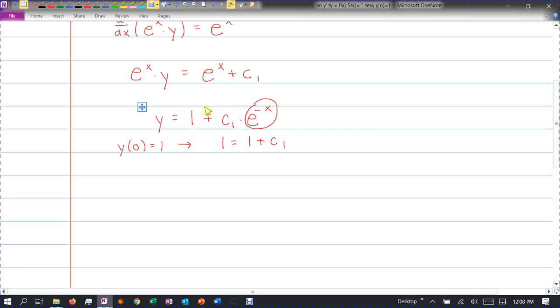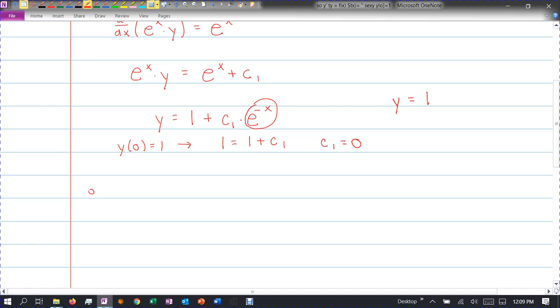Yes, okay. C sub 1 equals 0. That's kind of strange because that means that y is equal to just 1. Okay, all right, let's keep going.